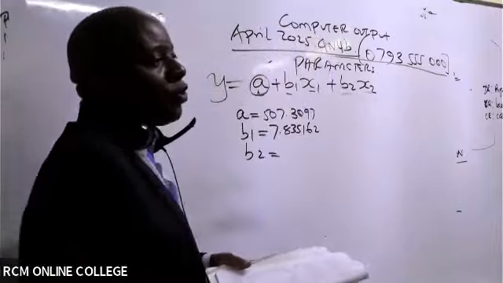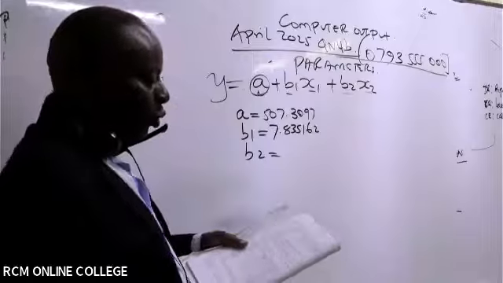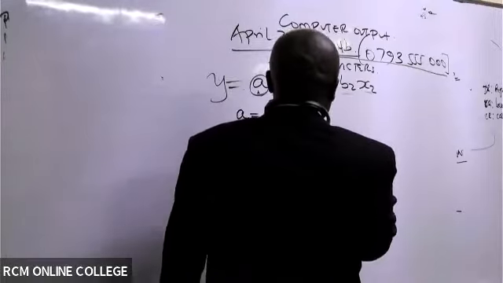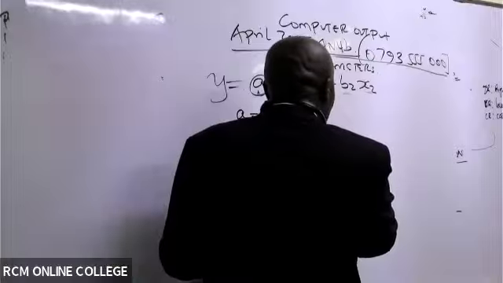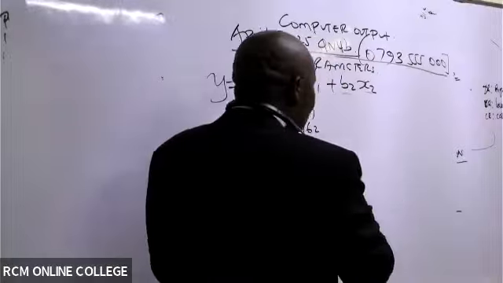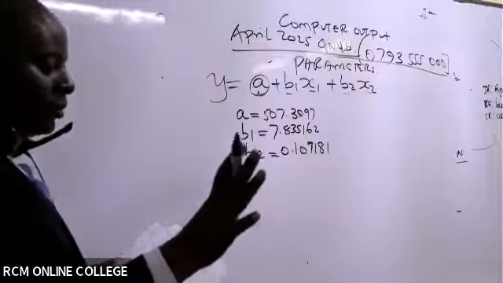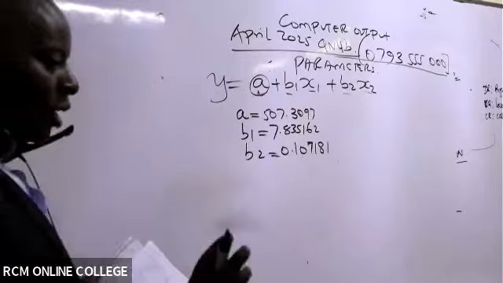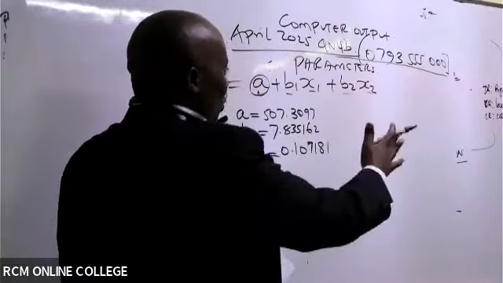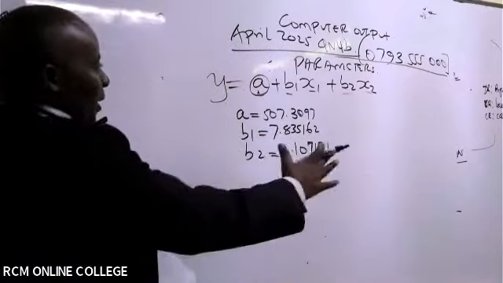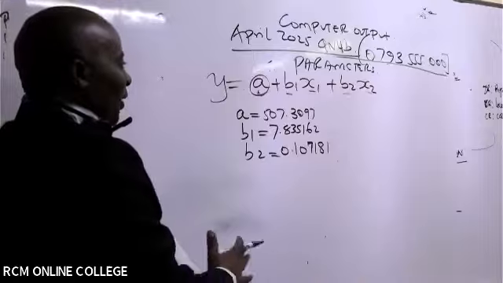So the coefficient of x2, which is 0.10. No, I don't want us to round. Don't round off if the examiner gives you 10 decimal. Write what the examiner has given you. You write everything as it's given to you by the examiner. You don't want to get into loggerheads with the examiner because he will always have his way. When he has his way and you've got no way, it means you fail.